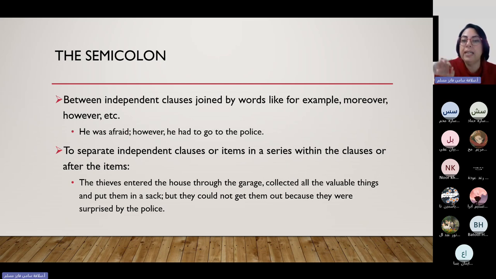A subordinate dependent clause has a subject and verb, but they are not the main one. Okay?